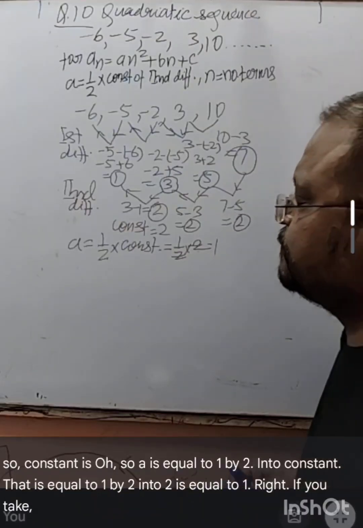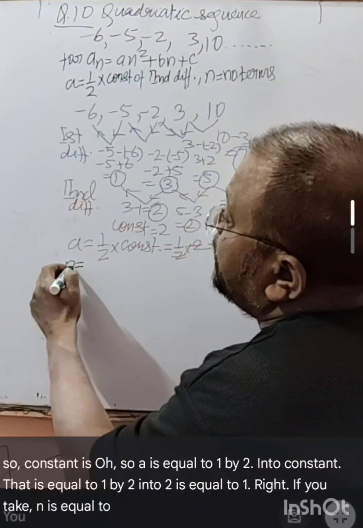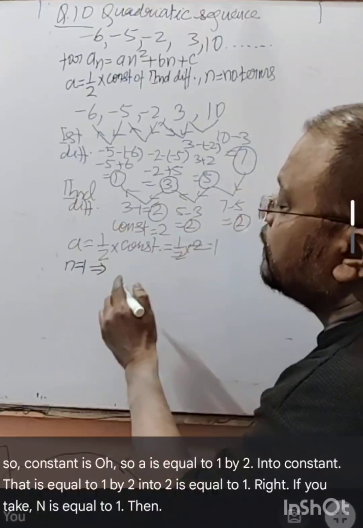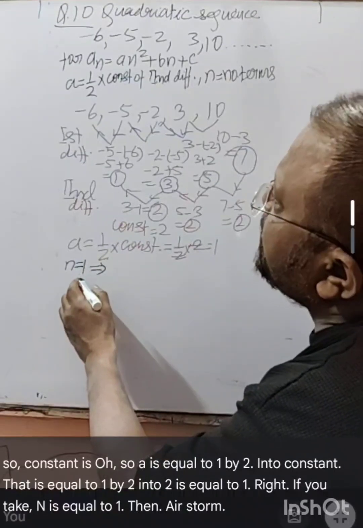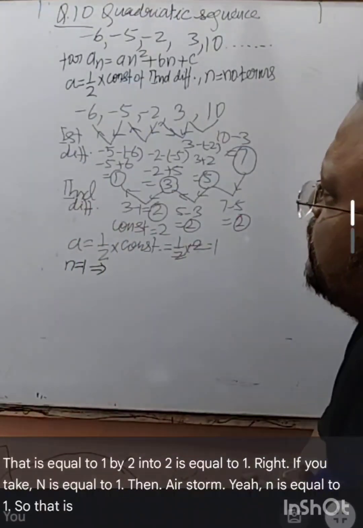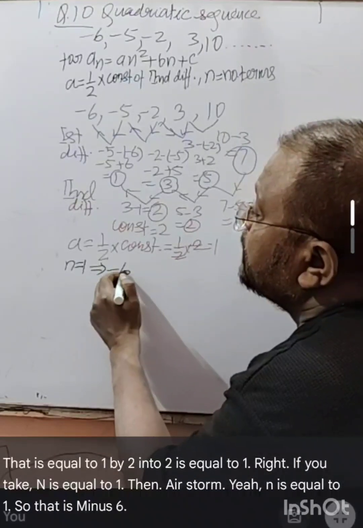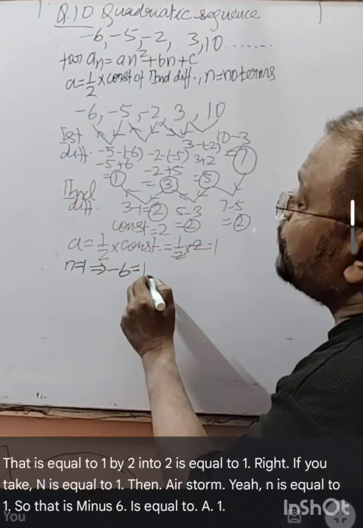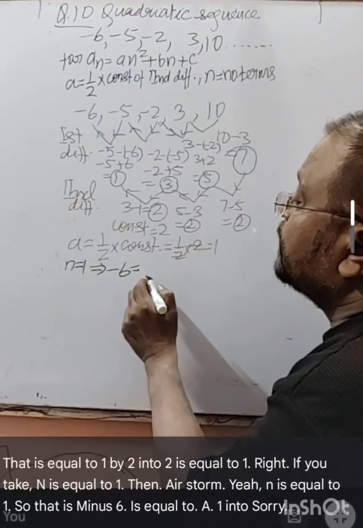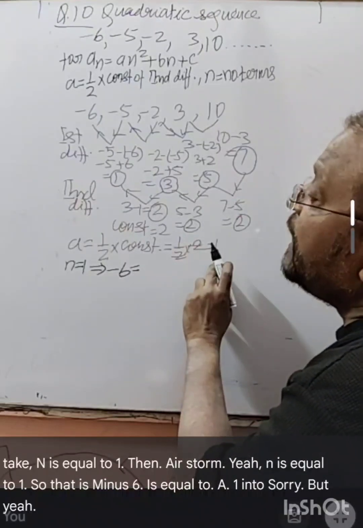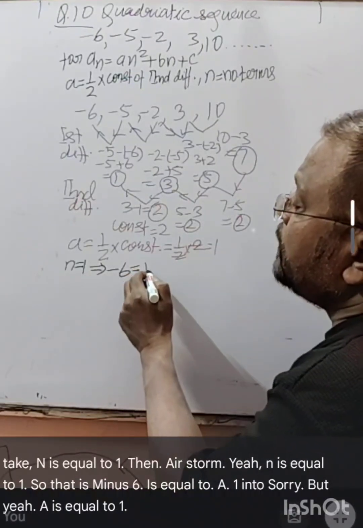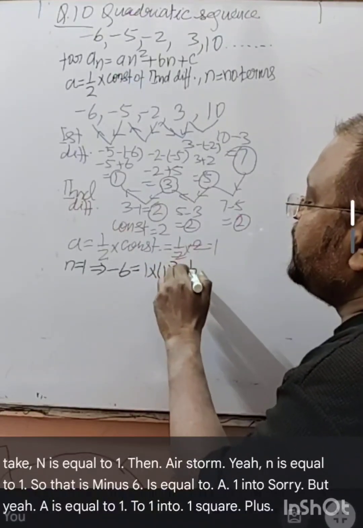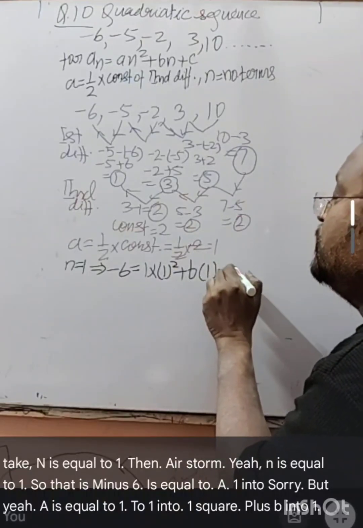If you take n is equal to 1, then the nth term, n is equal to 1, so that is -6 is equal to a into 1 square plus b into 1 plus c.